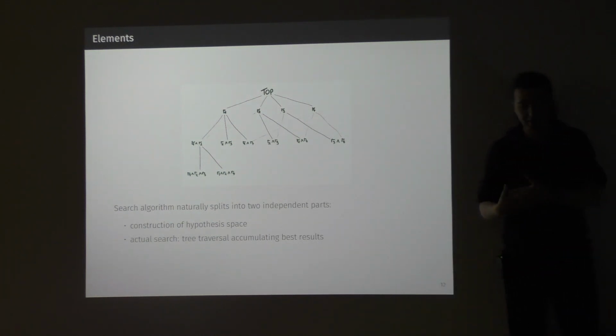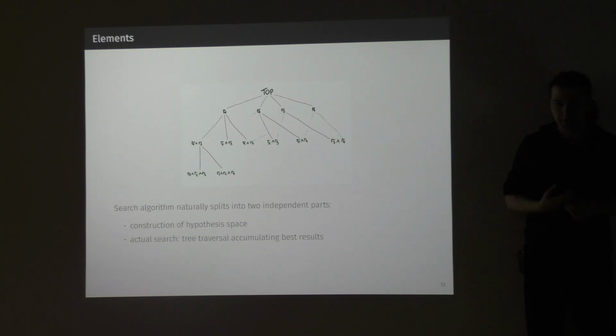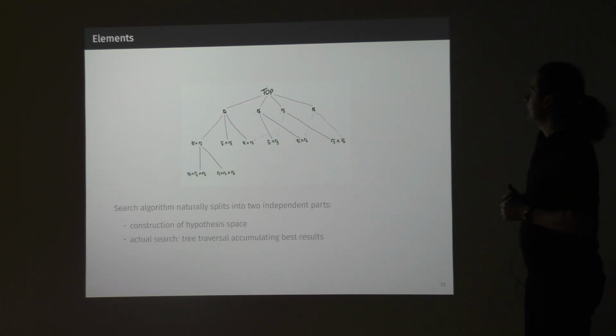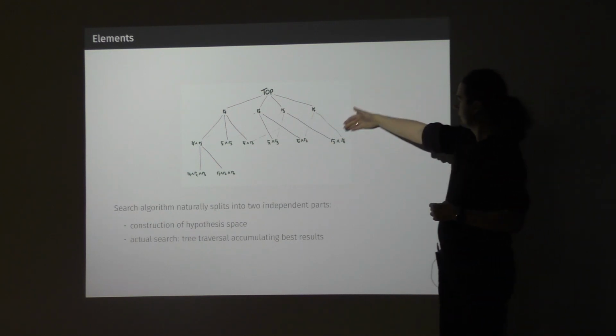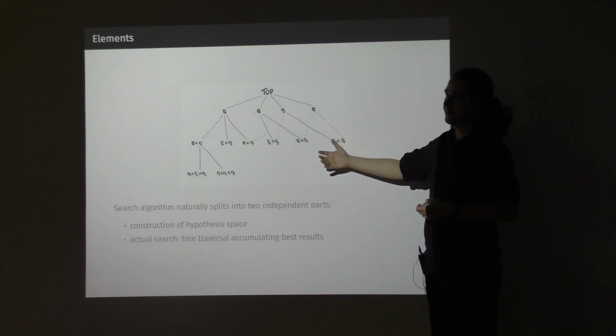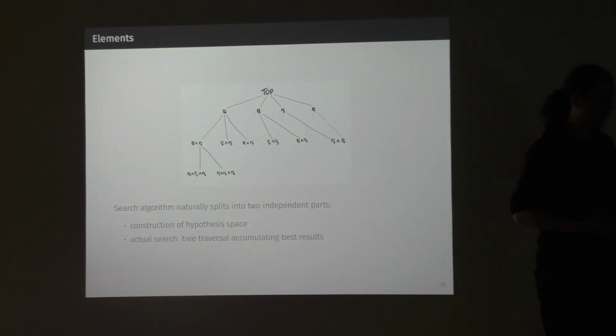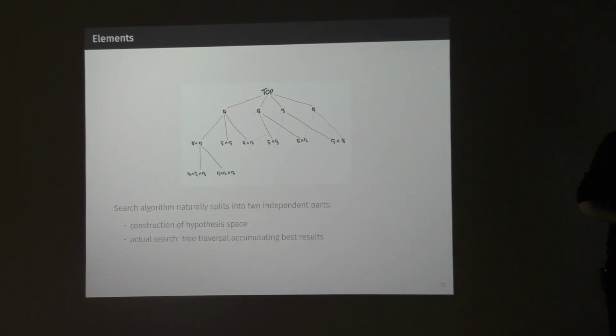By splitting into those two parts, we not only simplify the code, because right now the parts are in separate places in the code base, but it also simplifies thinking about the problem. Building the mental model of what we need to solve is simpler with that splitting. When we construct the hypothesis space, I don't care about how I want to traverse it, because there are various ways I can do that.